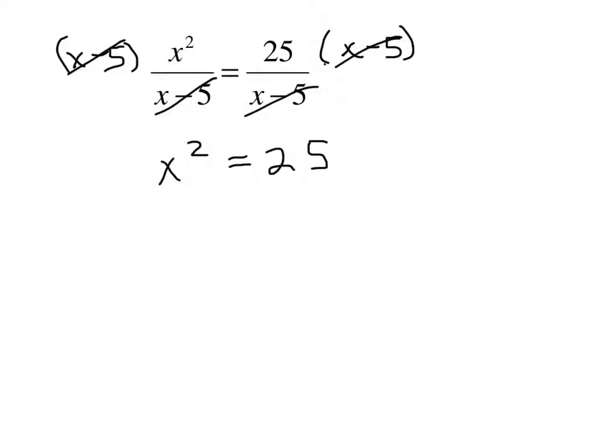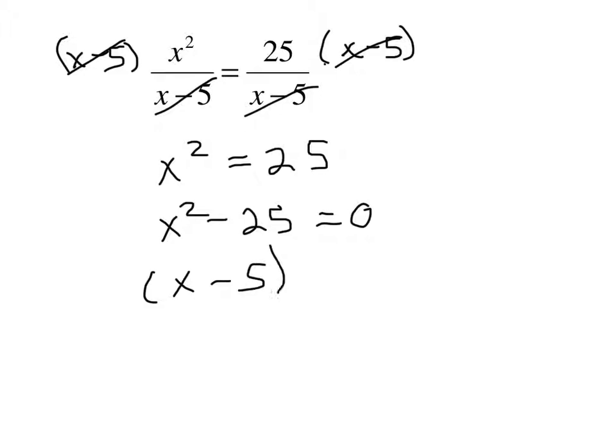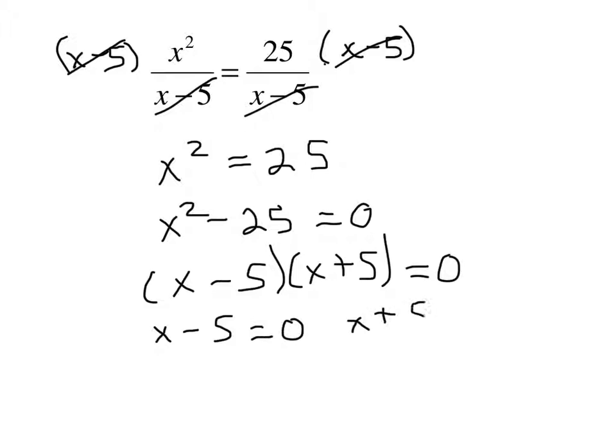One way to solve this is to subtract 25 from both sides. We have equals 0. It's a special product. So now, what is x? X equals 5 or negative 5.